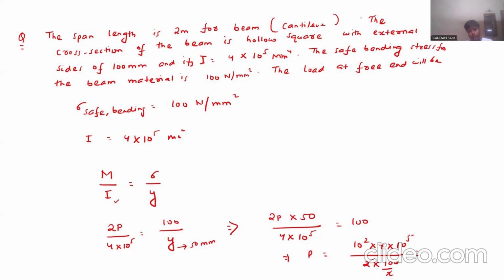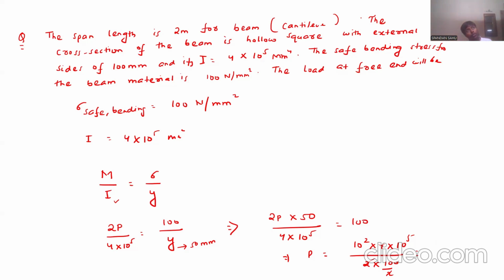So it will be 4 into 10 power 7 upon 100, so 4 into 10 power 5 Newton.